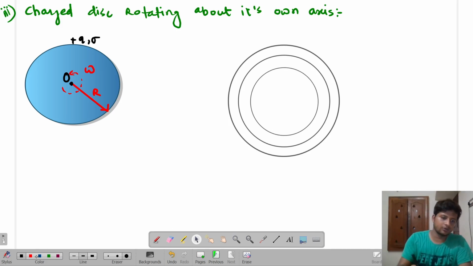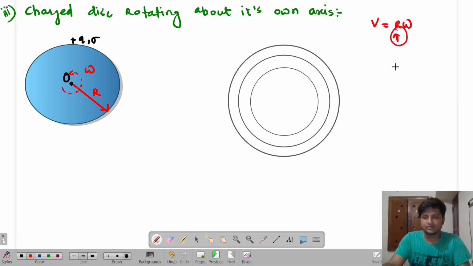V is equal to r omega, isn't it? It means as the radius changes, if the disk is rotating with omega, then as my radius changes, the velocity should also change.